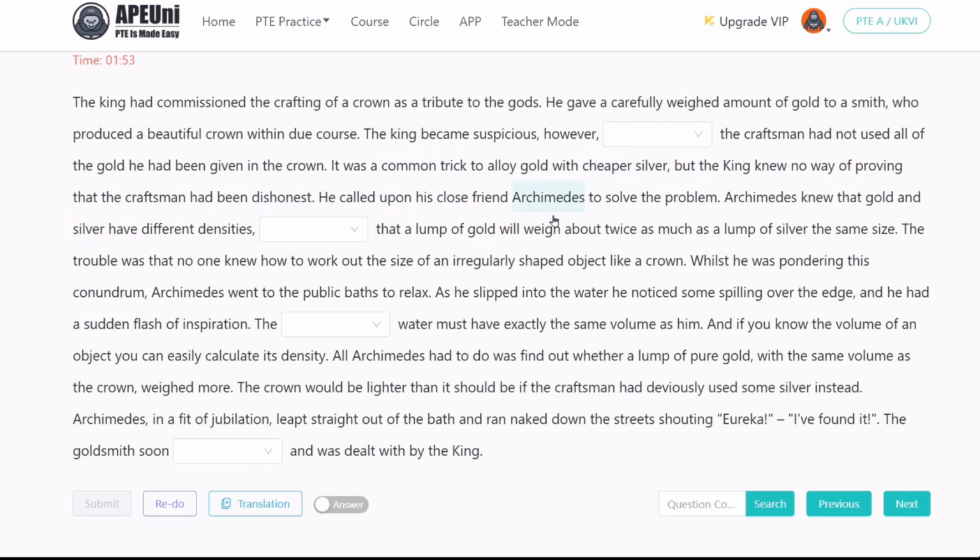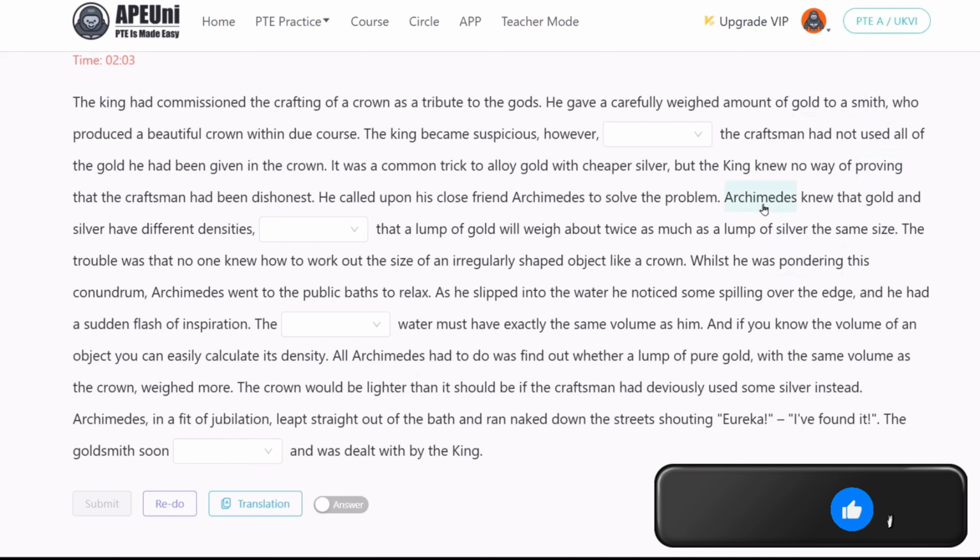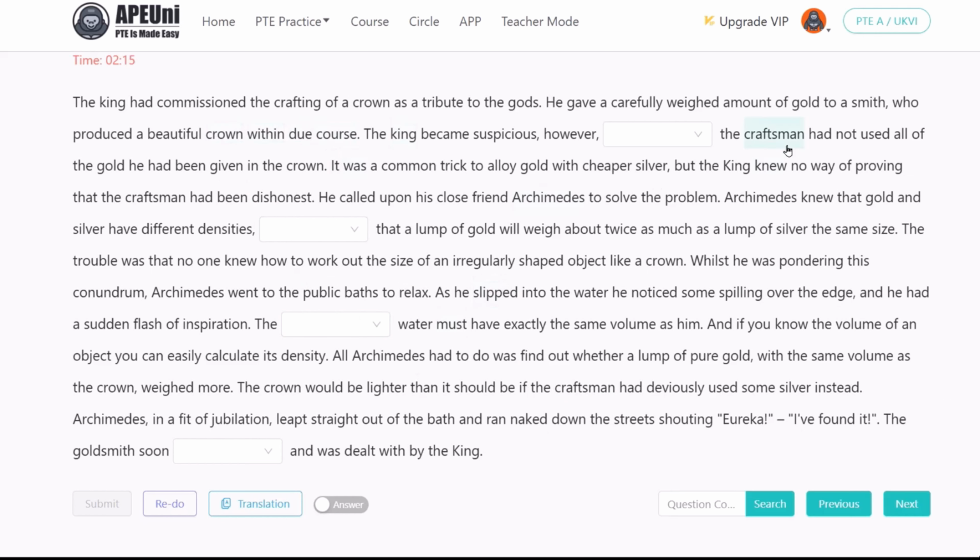Right. Let's understand the context of the paragraph. The paragraph describes how King Archimedes solved the problem of determining whether the craftsman was dishonest, cheating by using silver instead of gold in a crown, by observing displaced water in a bath.